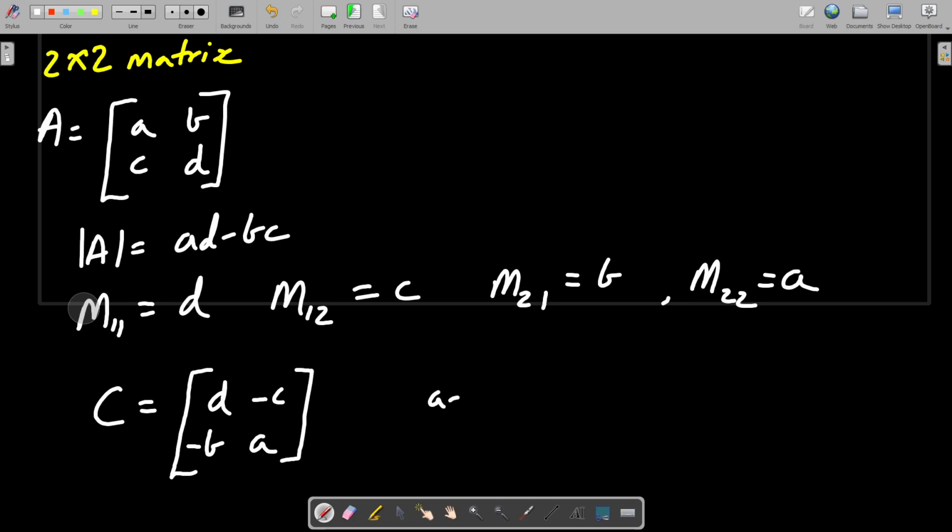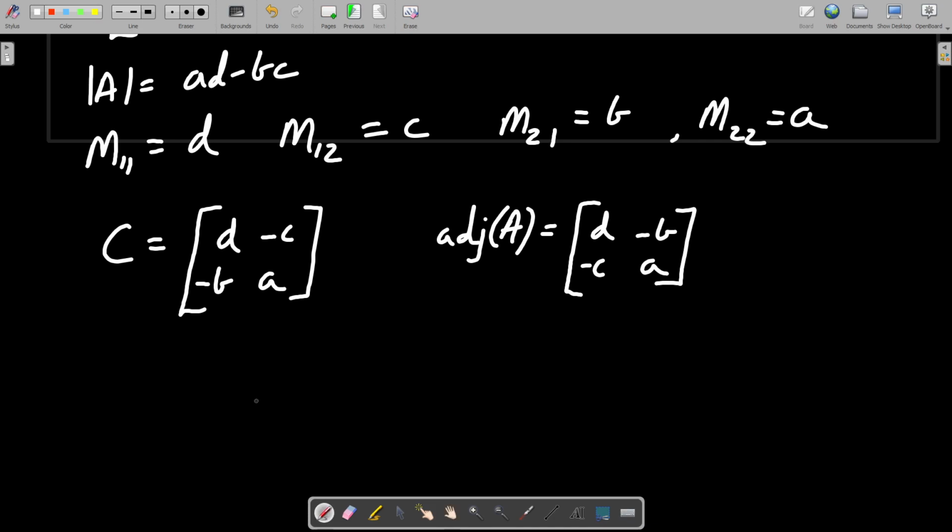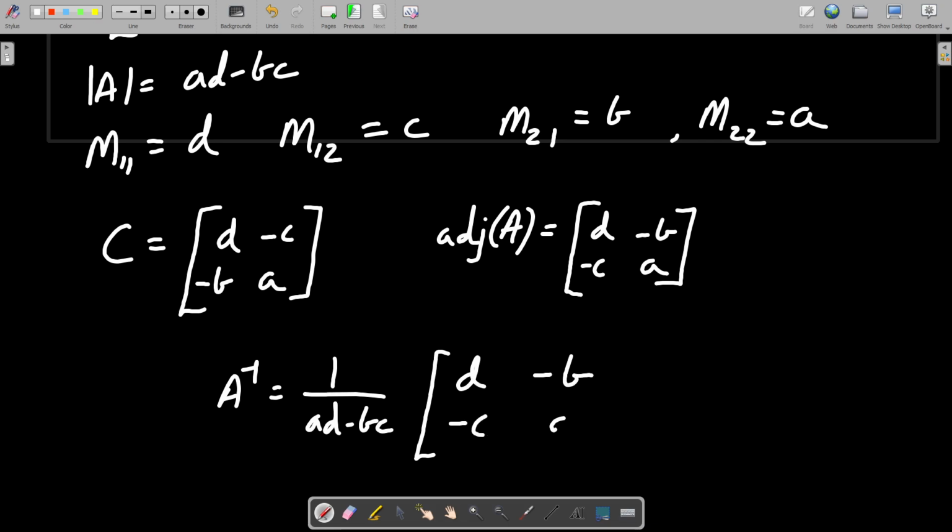What is going to be the adjoint? Adjoint of A is going to be this. Okay. So finally, what will be A inverse? Okay, so this is what we get.